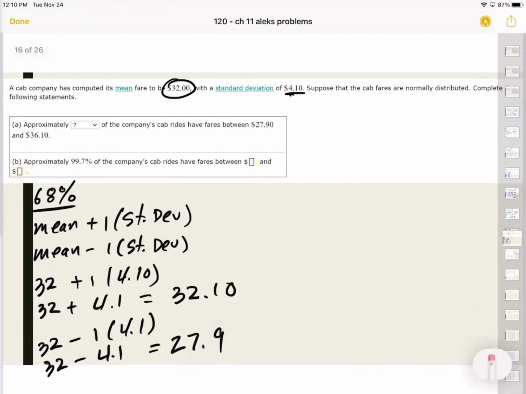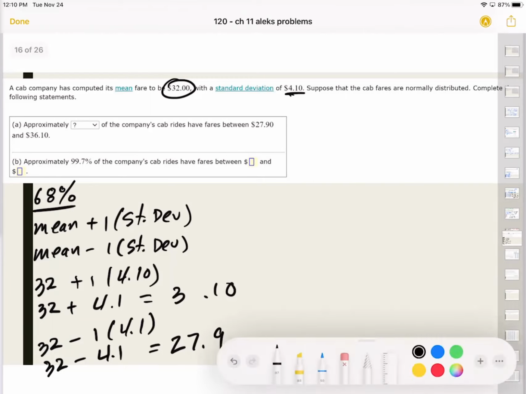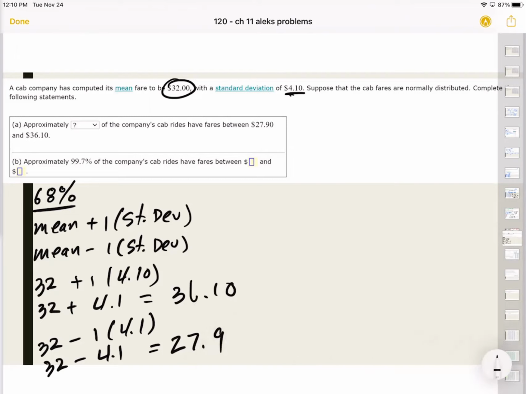I added 4, but I did not add it. 32 plus 4, that's 36. So we got this, right? If you do this thing here, you can see that the 2 numbers they give us are right here, right? 27.9 and 36. So we know that this is 68%.